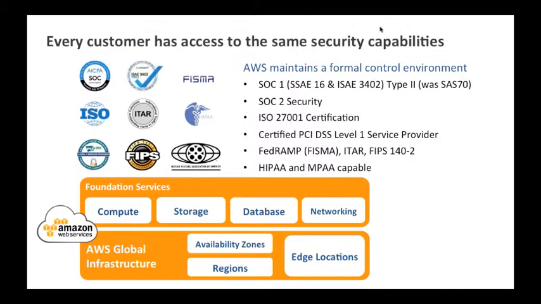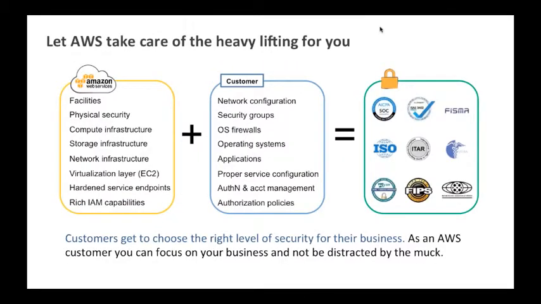Things like SOC 1, which used to be referred to as a SAS 70 report, SOC 2 reports, as well as ISO 27001 certifications, PCI service provider validations, as well as several other federal and industry certifications. What this does for customers is it allows us to take a lot of the heavy lifting of securing physical infrastructure, securing the compute infrastructure and the networking and virtualization layers, as well as obtaining audits and certifications for all of those different components.